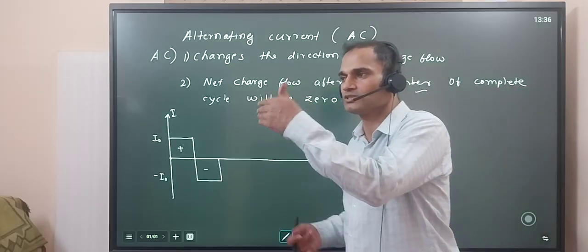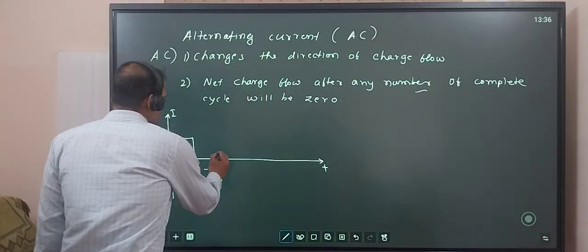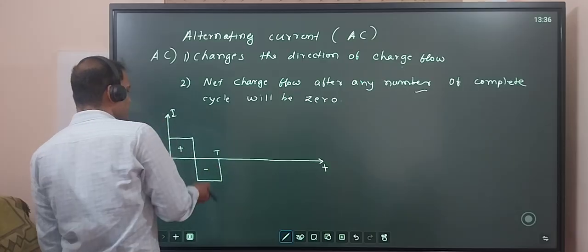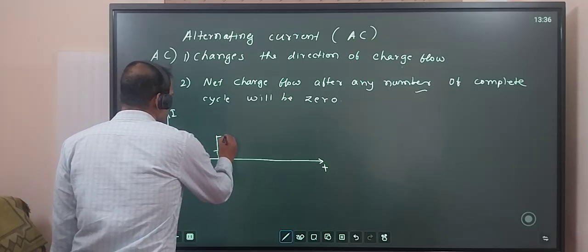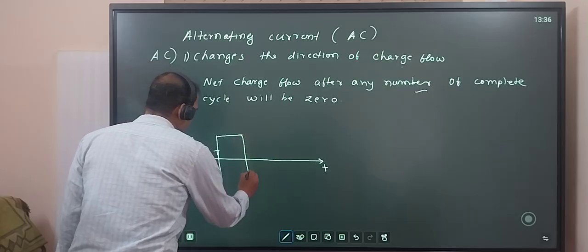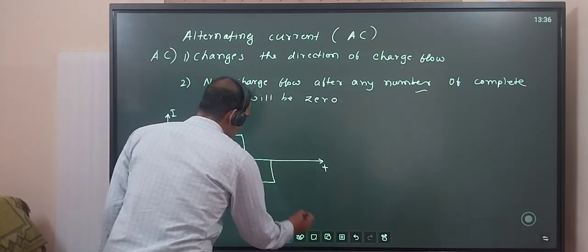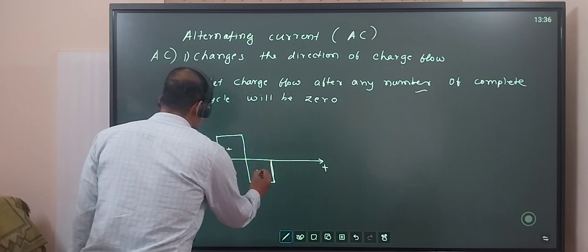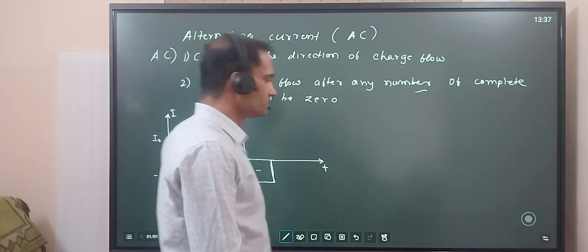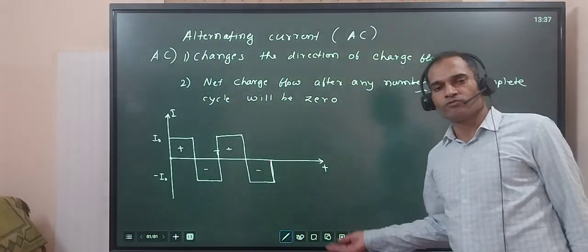Current goes this way and this way, and this is one complete time period. Here the magnitude of current is not changing, and the same thing will be repeated again and again. I have shown you only two cycles, but this will continue. So this is our square waveform.